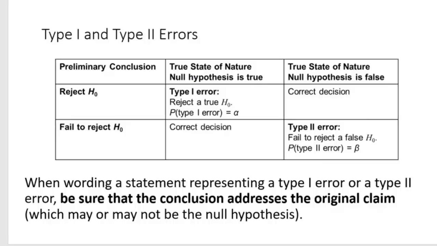So in terms of statistics, if we reject the truth in terms of the null hypothesis, rejecting the null when it's true is a type 1 error. The probability of making that type of error is equal to your alpha.